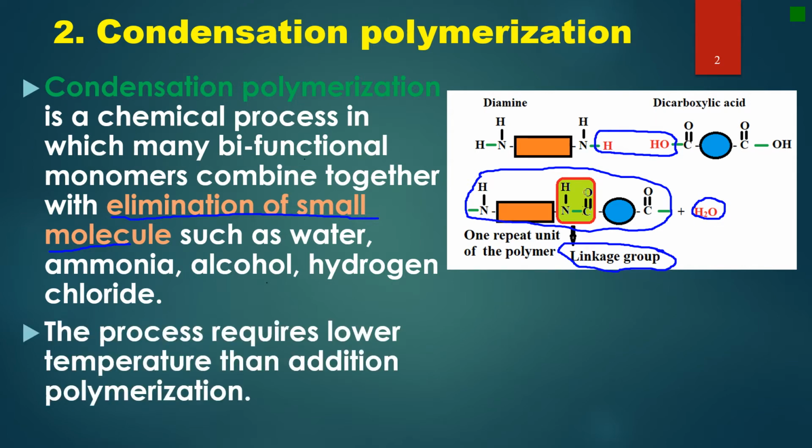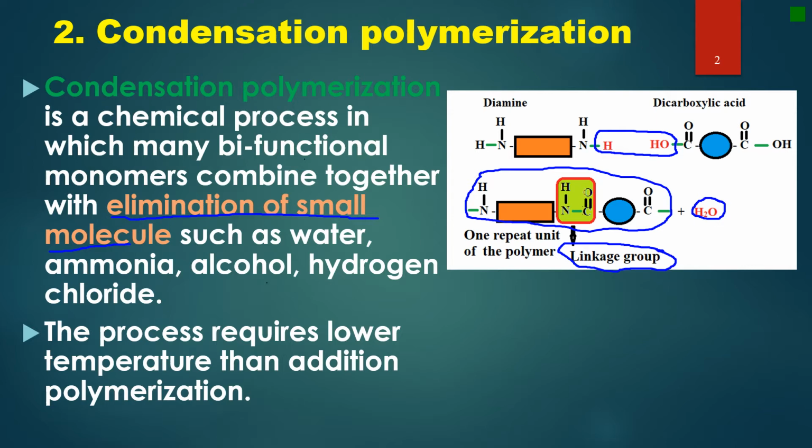The fourth is that condensation polymerization requires lower temperature if you compare to addition polymerization. This is because the functional groups that are involved in condensation polymerization are reactive among themselves.